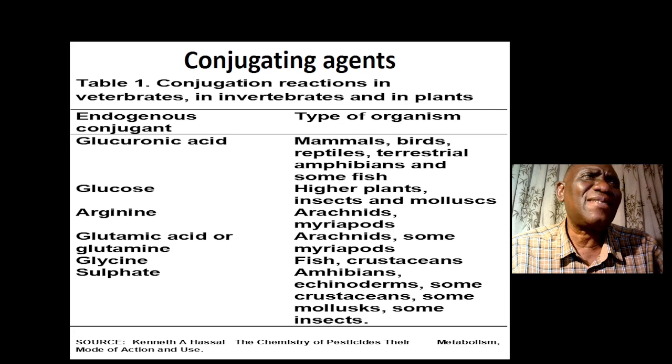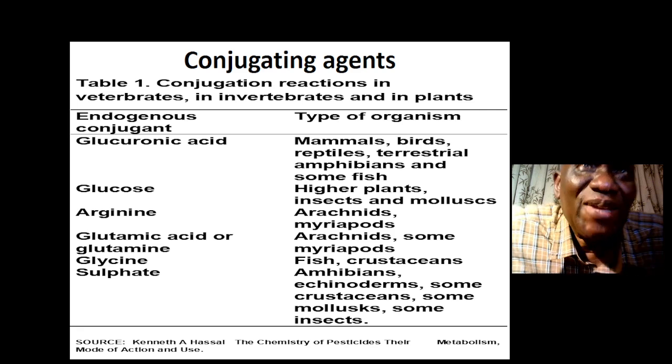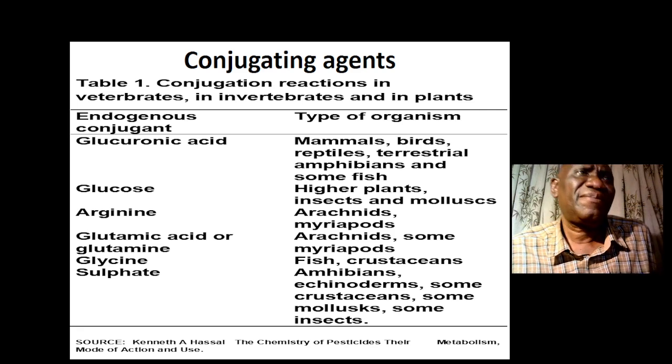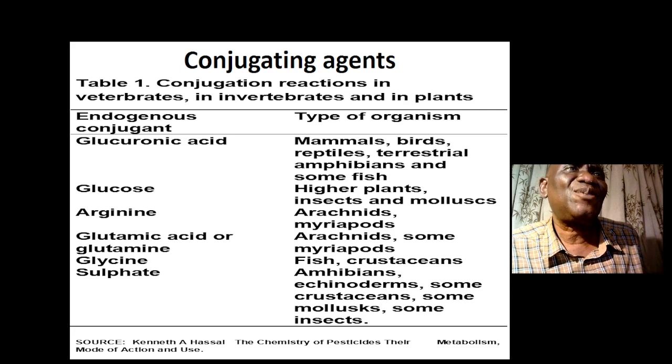Glutamic acid or glutamine, again arachnids and some myriapods. Then glycine, fish, crustaceans, and we can also have sulfur as a conjugating agent, again in some amphibians, some crustaceans, and so forth.